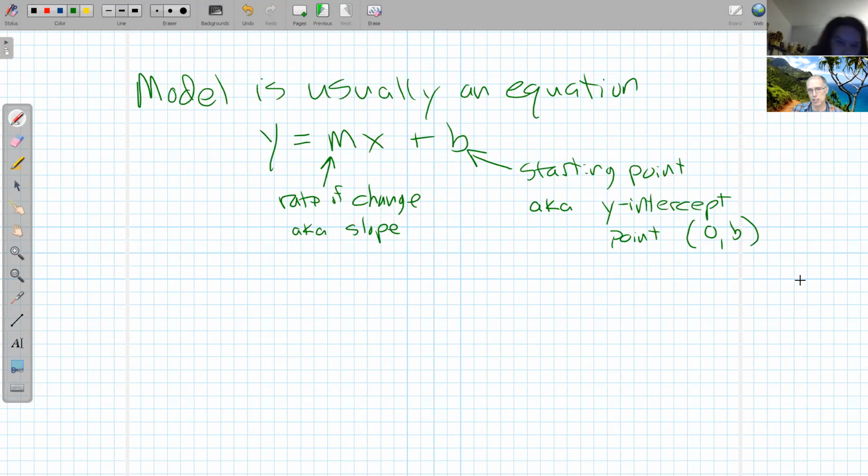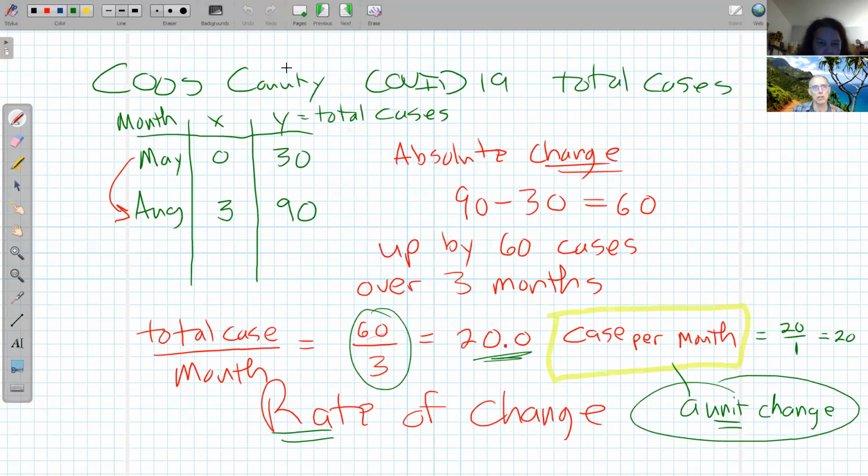And if we look back at my table for the COVID numbers for Coos County, we can see my y-intercept right here. It's the point 0, 30, right? X is 0, y is 30. That's my starting point here.